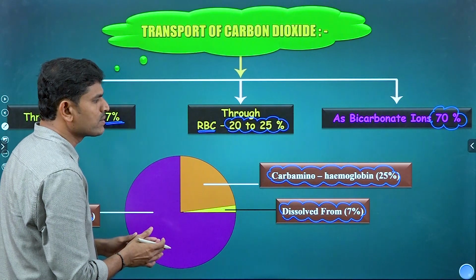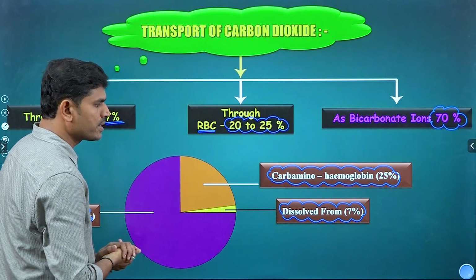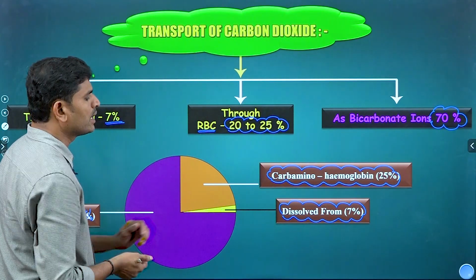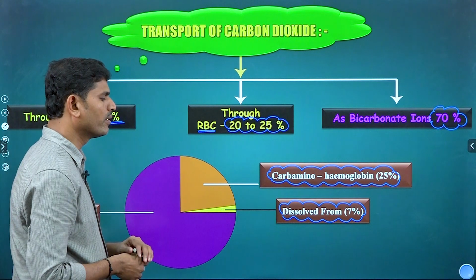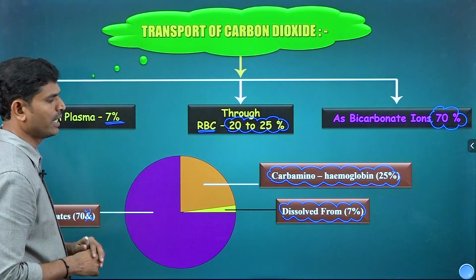So which is the major method? As bicarbonates. And which is the minor method? That is the dissolved form through plasma.